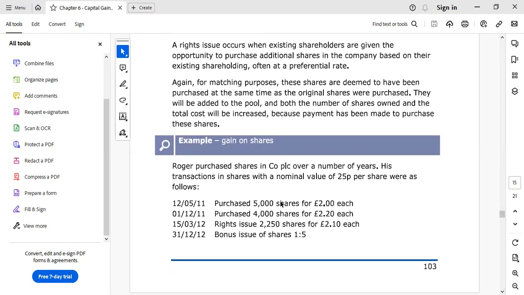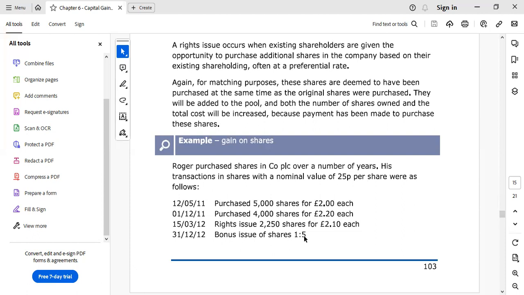Roger purchased shares in Co PLC over a number of years. His transactions in shares with a nominal value of 25p per share were as follows. He purchased 5,000 shares for £2 each in 2011, and then again 4,000 shares in 2012, and then there was a bonus issue.